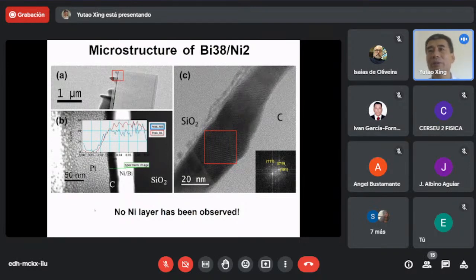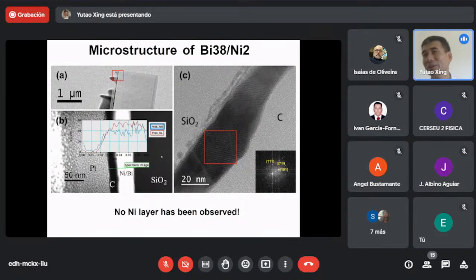There's no interface. And then we did the EDS line scan here, and we can see that the nickel and the bismuth are mixed completely. There's no interface. So I was a little disappointed at that time because I wanted to see the interface.